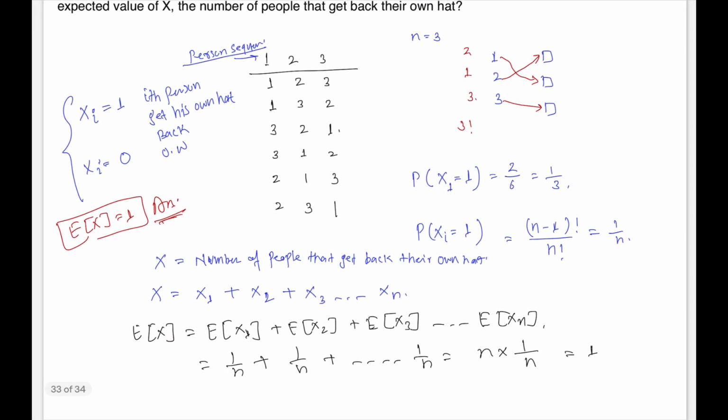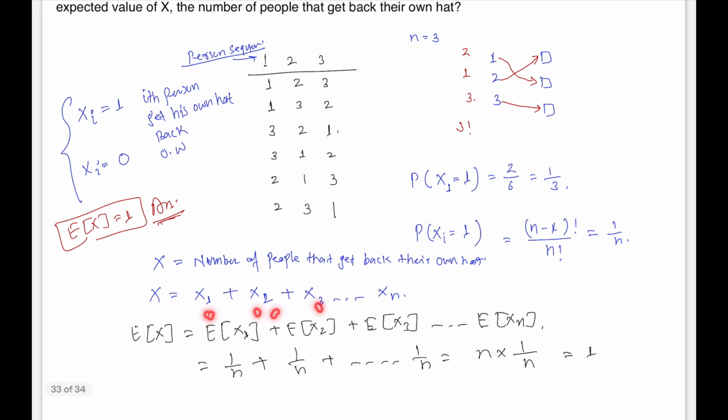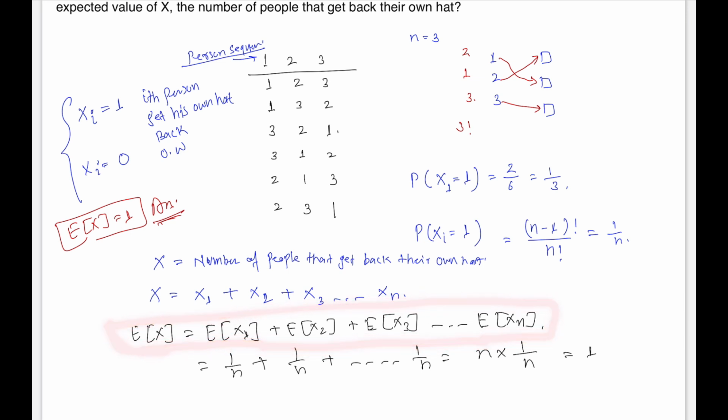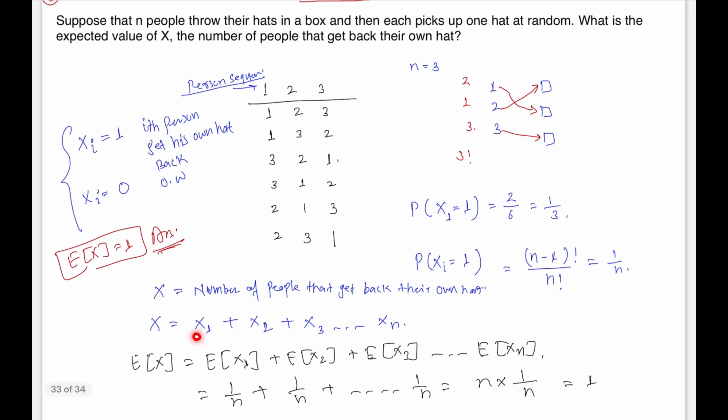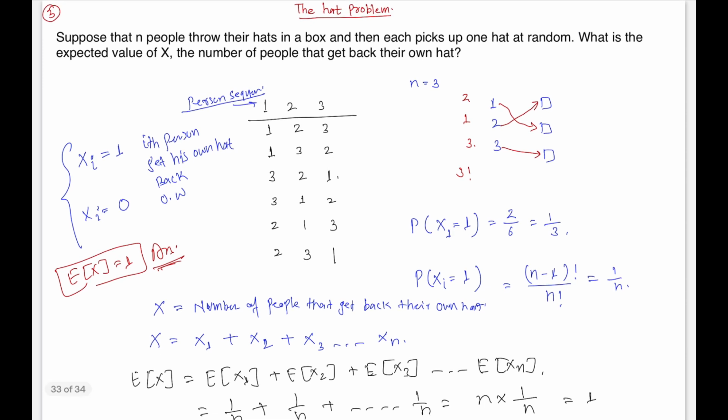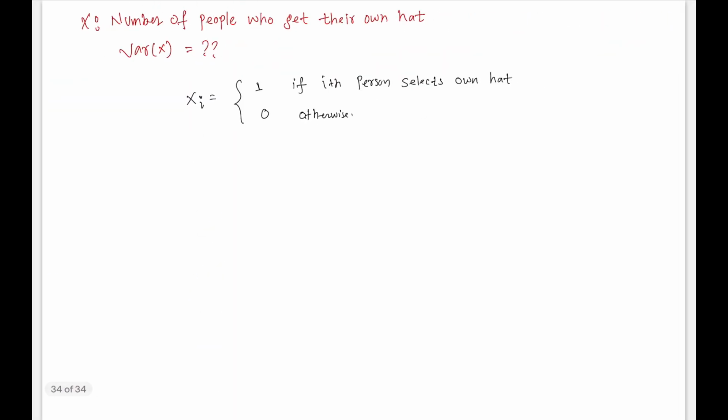One more point to note here: the linearity property of expectation is always true, no matter whether these random variables are dependent or independent. We do not have to worry about that while calculating the expectation.